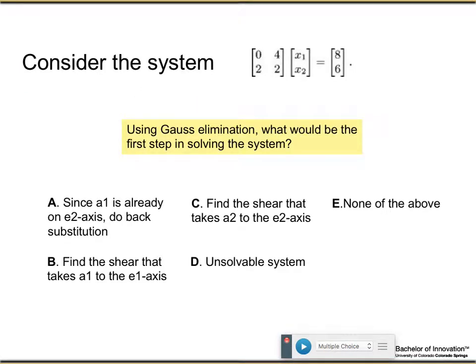Okay, another quick question. Do this one on your own. Using Gauss elimination, what would be the first step of solving this system?